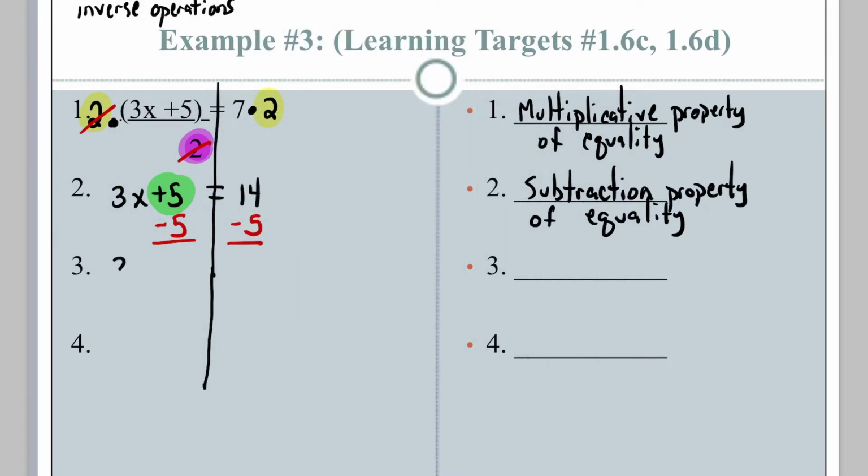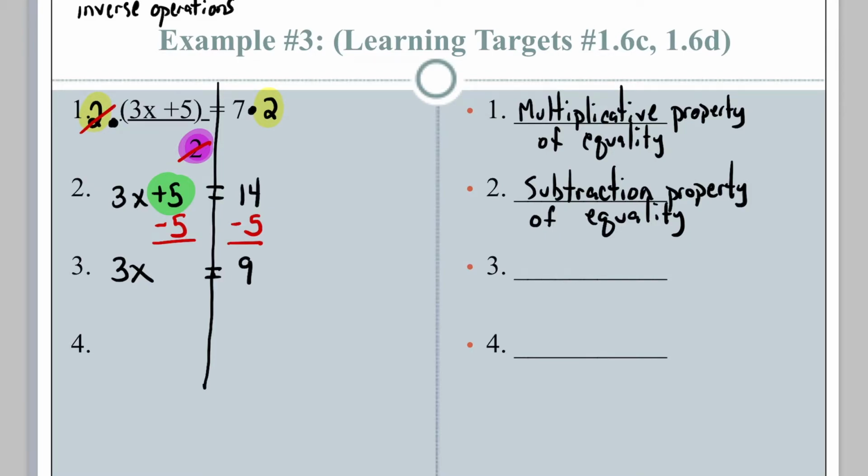So when I simplify this further, I end up with 3x because 5 minus 5, or 5 plus a negative 5, is 0. And then 14 minus 5 is 9. And so I end up with 3x equals 9.